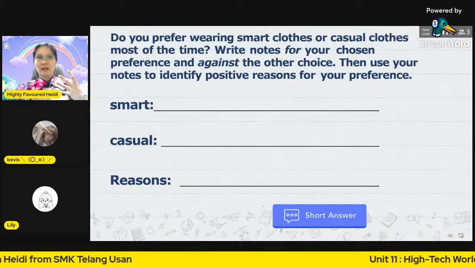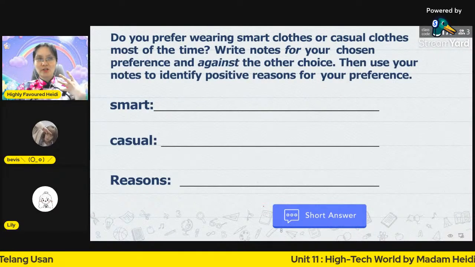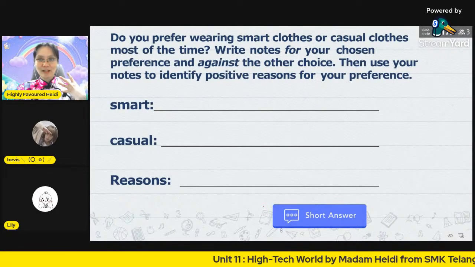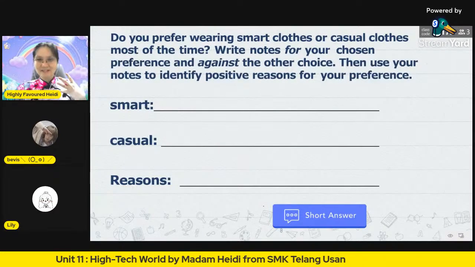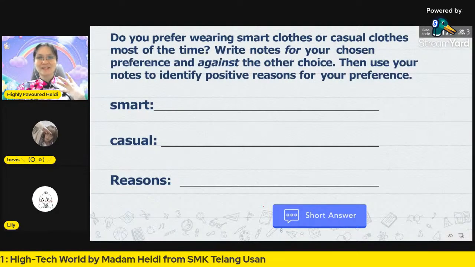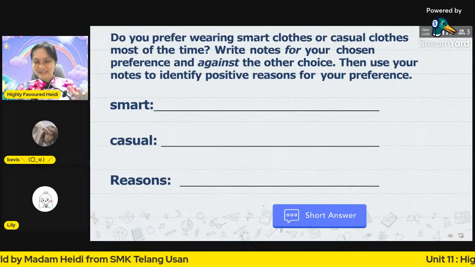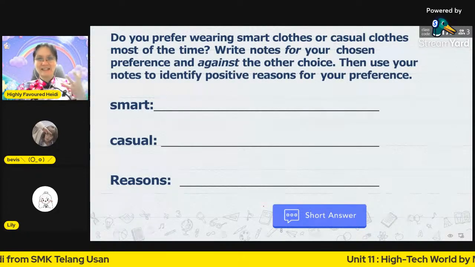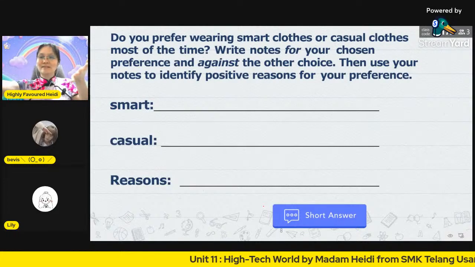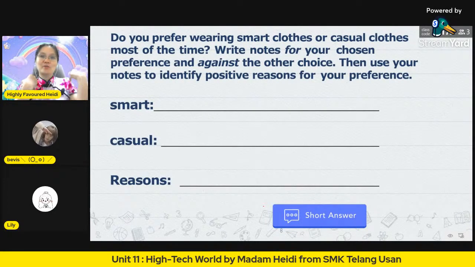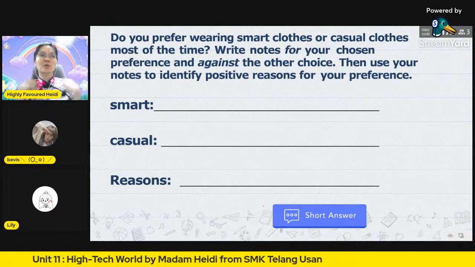Bevis, what do you think casual clothes are? A T-shirt and short pants, like that. Comfortable clothes, correct, exactly. This is casual clothes, the ones that you like. Normally a T-shirt, you don't even need a collar.